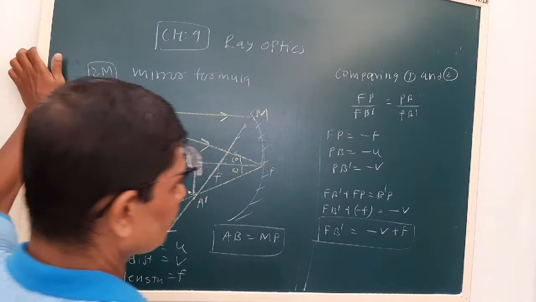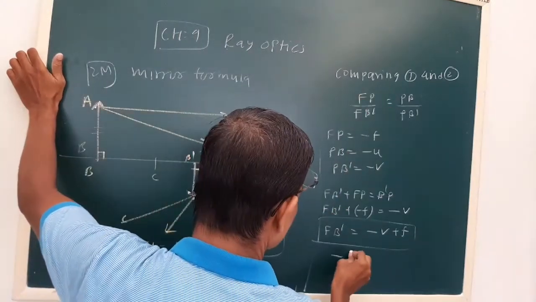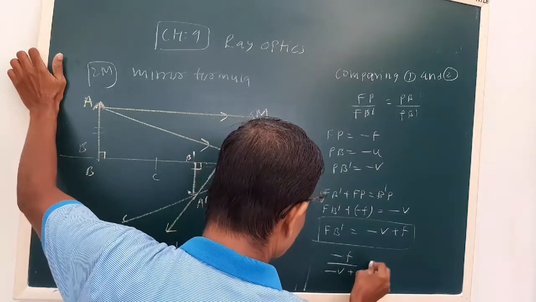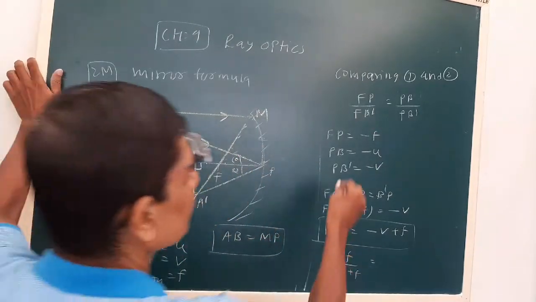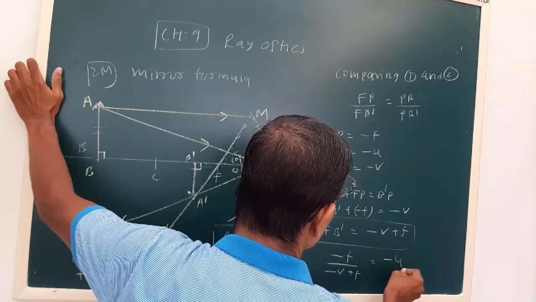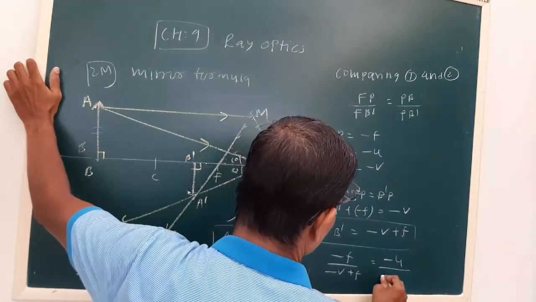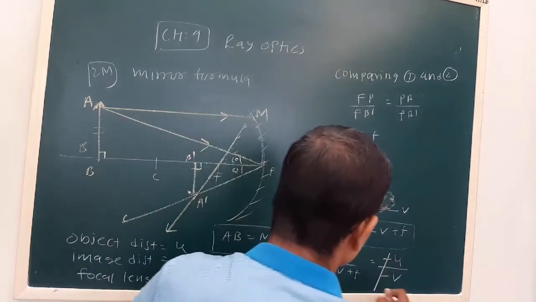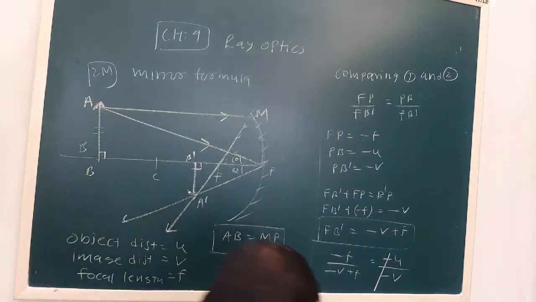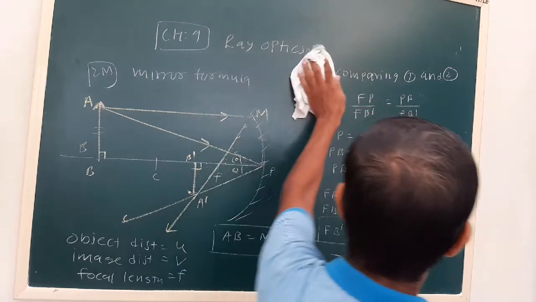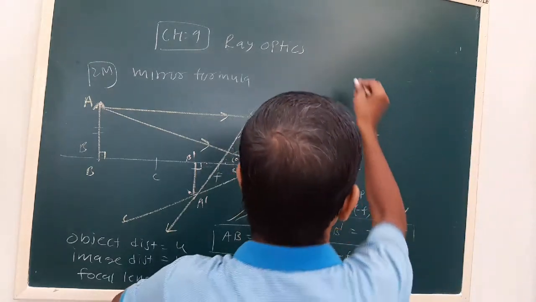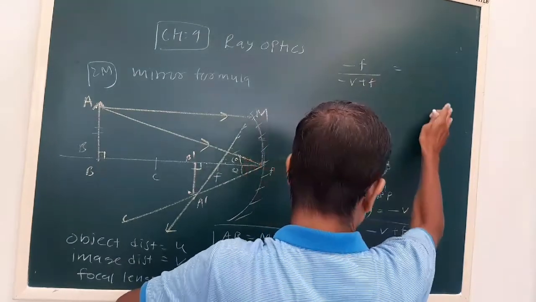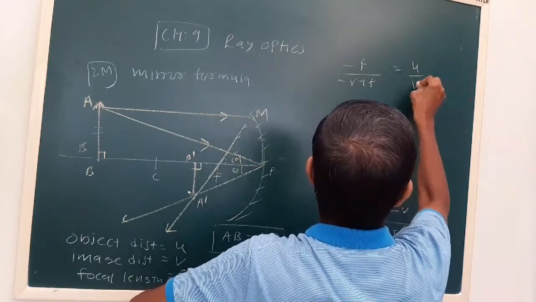FP is minus F, FB' is minus V plus F, PB is minus U and PB' is minus V. So this negative sign is cancelled. Now we can write minus F upon minus V plus F is equal to U upon V.